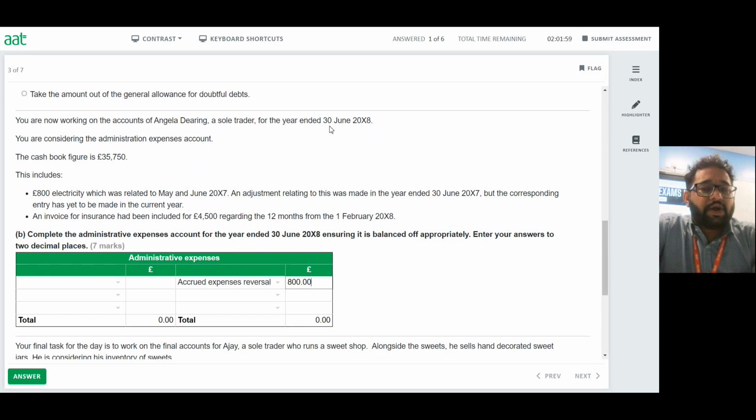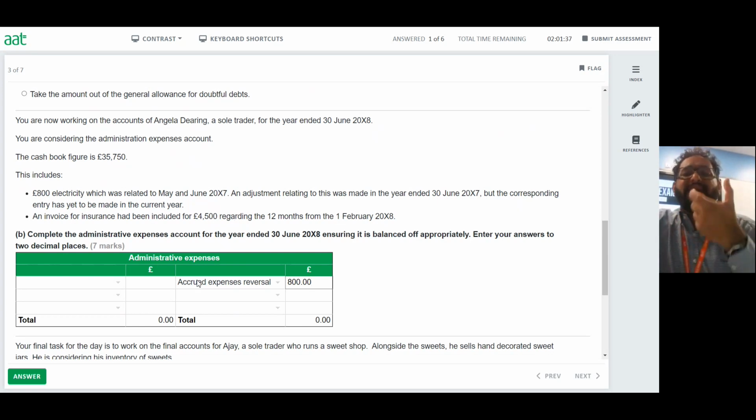The year is ending on 30th of June. Therefore, if I consider the payment for this insurance only, February, March, April, May, June, 5 months can go into this year's expense.